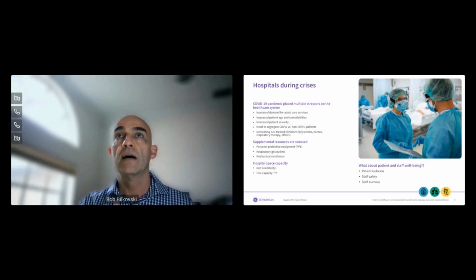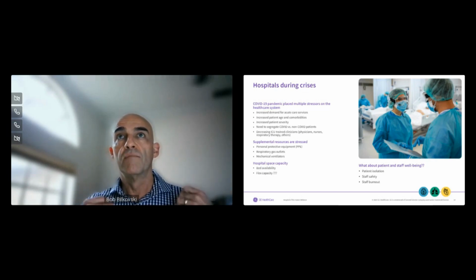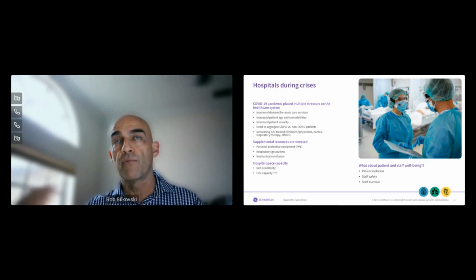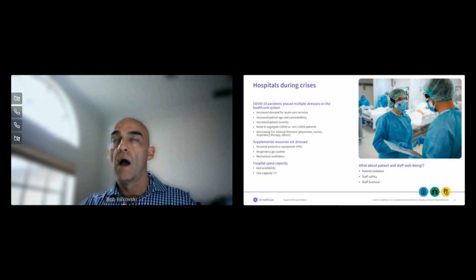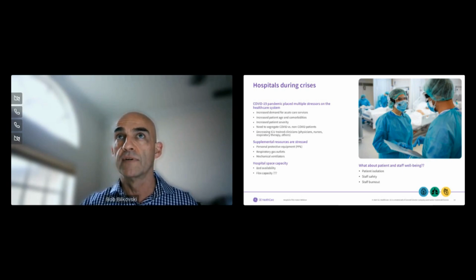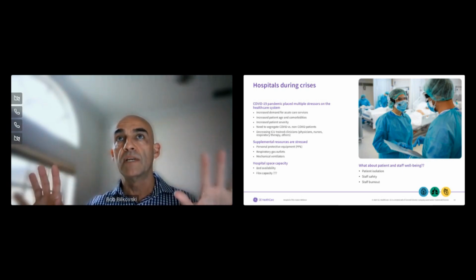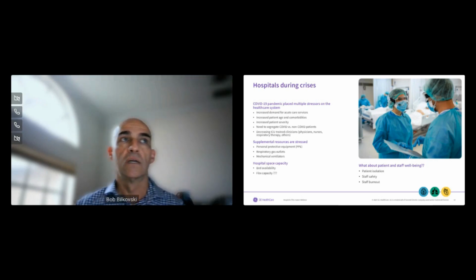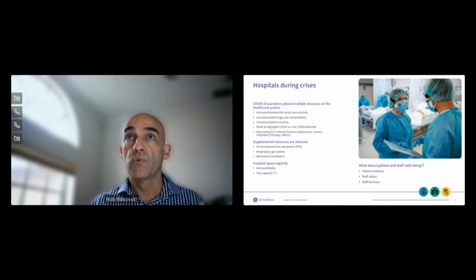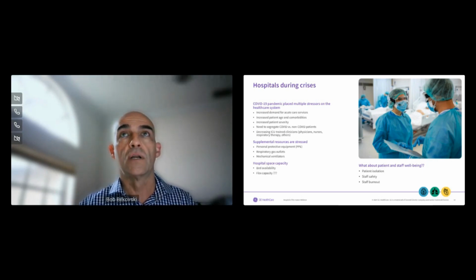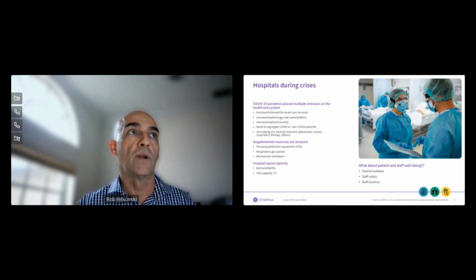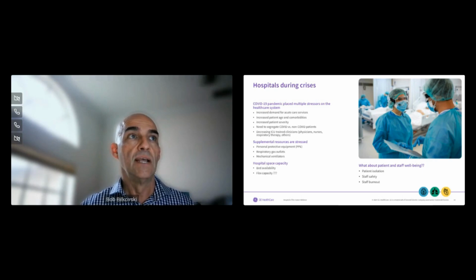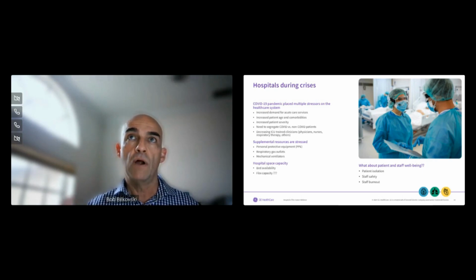And now you have this onslaught of infected or potentially infected patients, but not at the threshold of requiring higher intensities of care for COVID. How do you manage those two populations while being able to allocate resources accordingly? So it really did put a lot of stress on the healthcare environment to be able to manage these different patient populations.